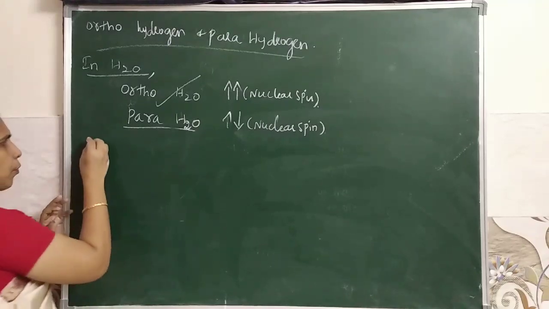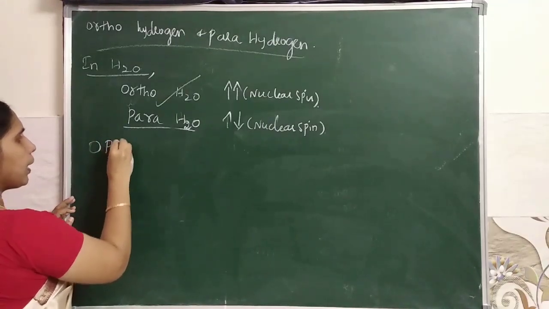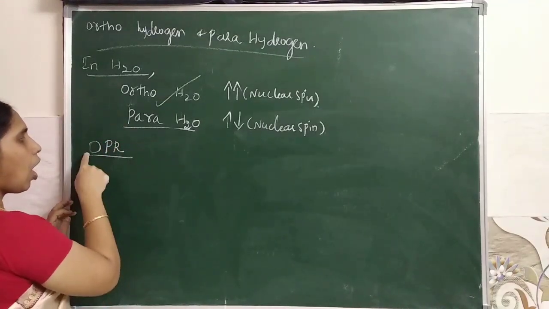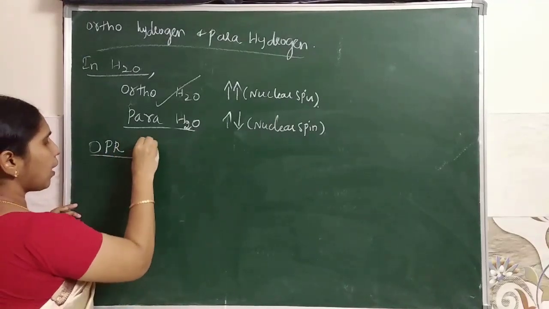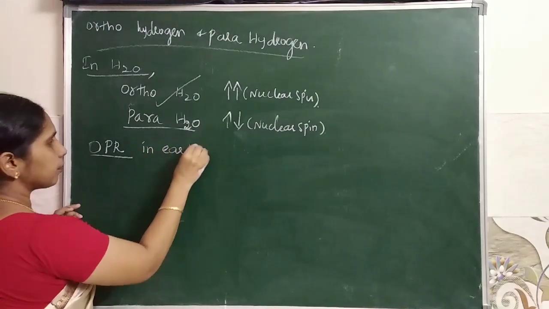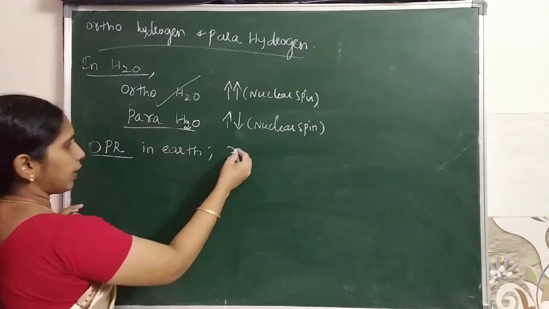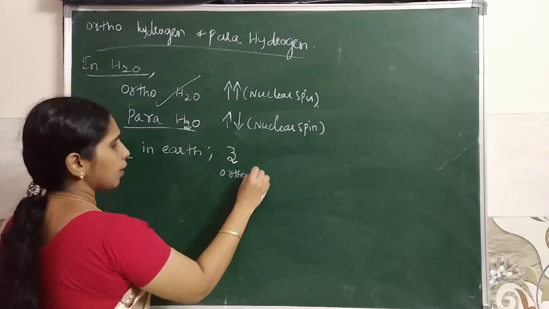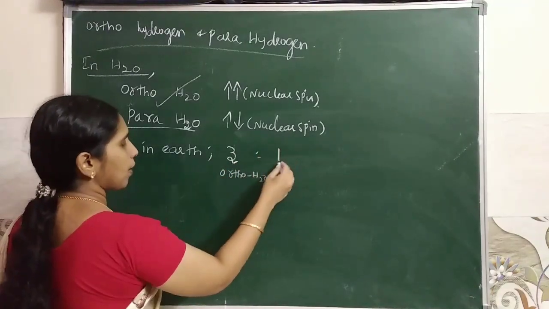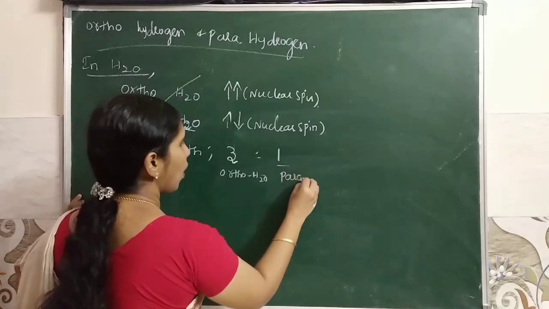So a new concept: OPR ratio, that is ortho para ratio. The ortho para ratio on Earth is 3, so that is ortho water 3 to 1 para water.